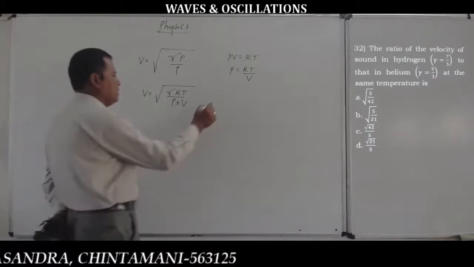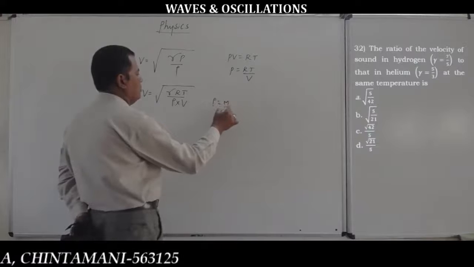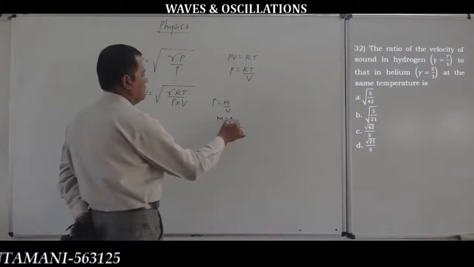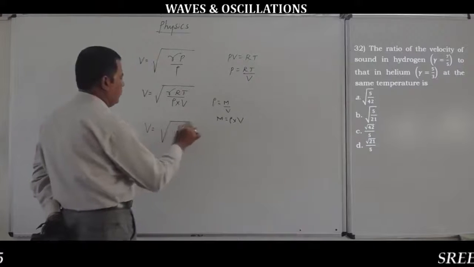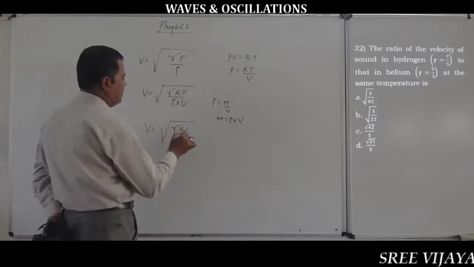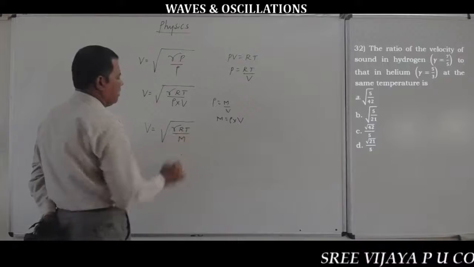Generally density is equal to mass by volume, so mass is equal to density into volume. Therefore you get V is equal to square root of gamma RT by M.